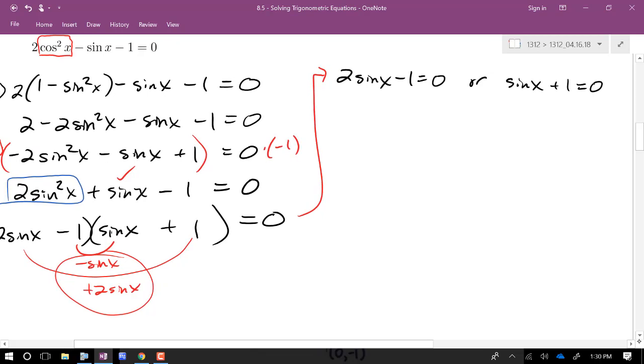And now each one of these two equations is very similar to the one we just solved in the example above. So we can, on the left side here, add 1 to both sides. So we get 2 sine x equals 1, and then divide by 2.